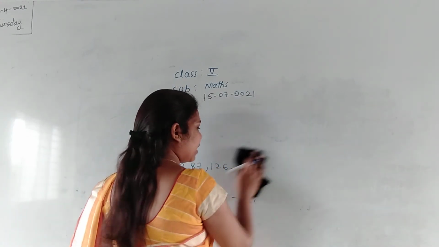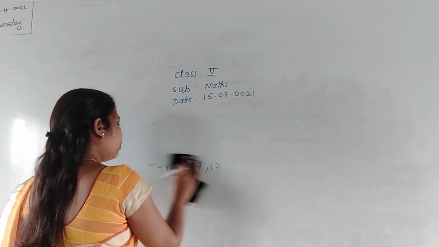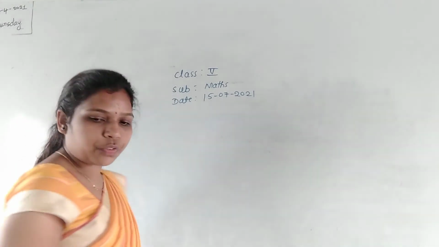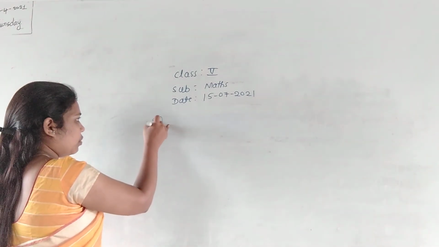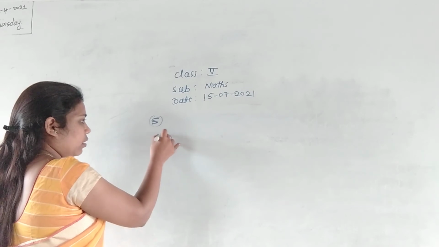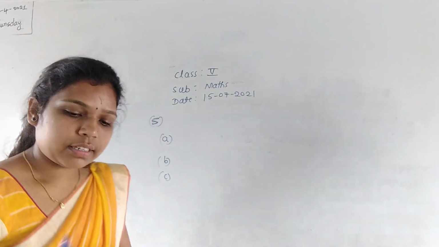Standard form means they gave the expanded form of a number, and you have to write it in standard form. Only write the answers here. For the questions, refer to the textbook only. So here fifth main, A1, B1 and C1. What is the answer for the first one? See here.